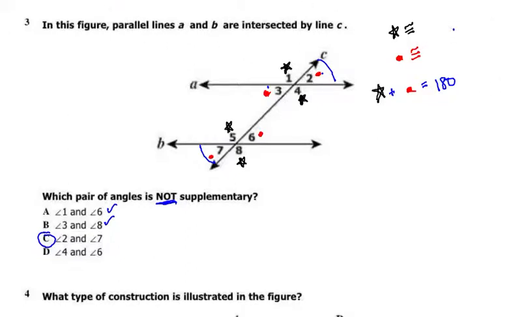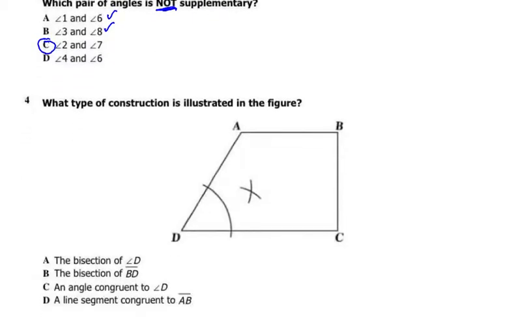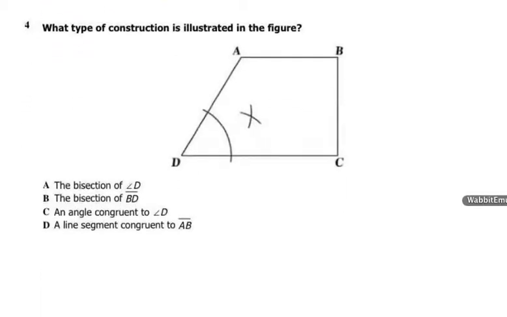Okay, number 4. What type of construction is illustrated in the figure? When you have this little X right here, that means you're going to draw a line through there. And we're going to draw a line from point D to that X. So let's see. Did I bisect angle D? Did I bisect segment BD?